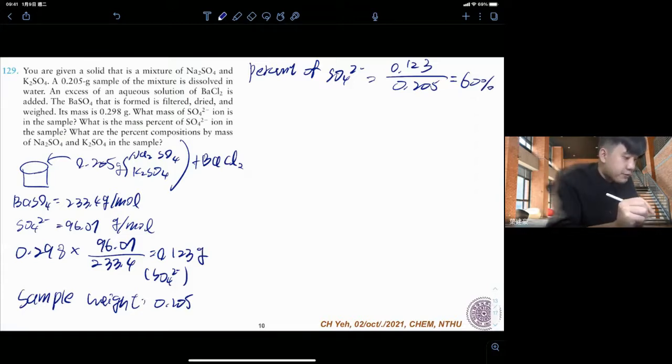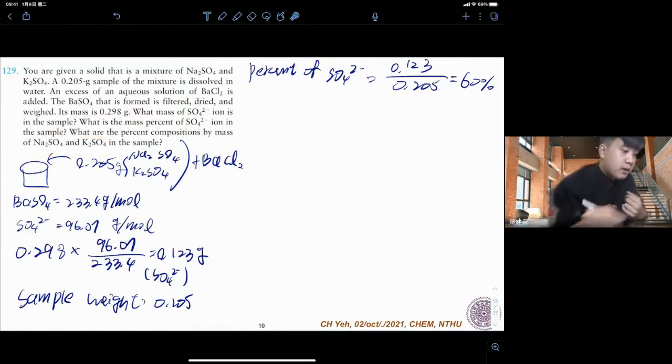So we finished the first two parts. The first one is 0.123, and the next one is 60%. Next it asks what the percent composition by mass of sodium sulfate and potassium sulfate is inside the sample.